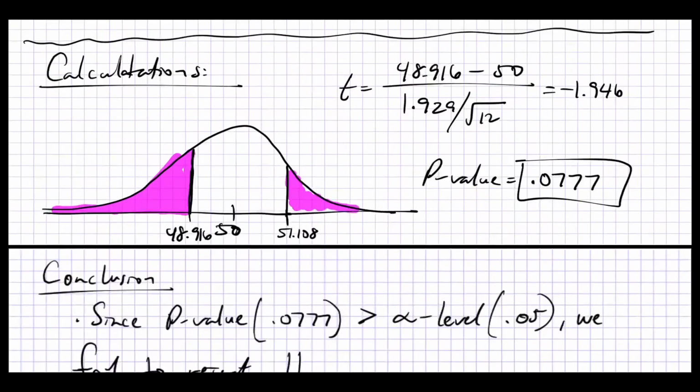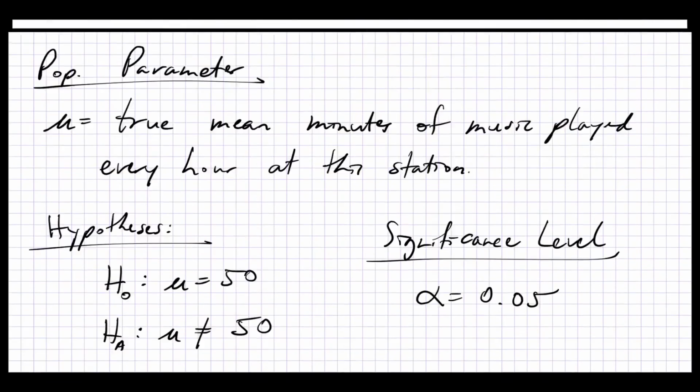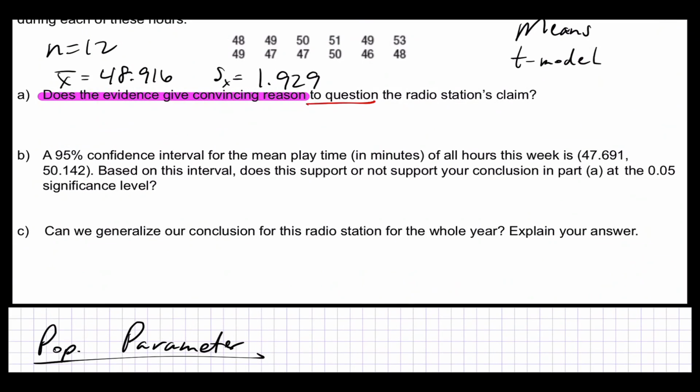Okay. Part B says you also did a confidence interval before this. Let's say you did one last chapter, and a 95% confidence interval said that the true mean number of minutes of songs played is 47.961 to 50.14. Does that support what we got in our answer?